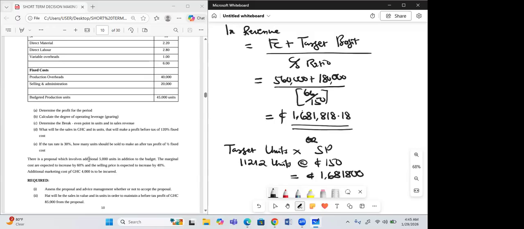There is a proposal which involves producing an additional 5,000 units in addition to the budget. The marginal costs are expected to increase by 60%, and the selling price is expected to increase by 40%. Additional marketing cost of 4,000 is to be incurred. So this one is a special order, is that clear? Yes.